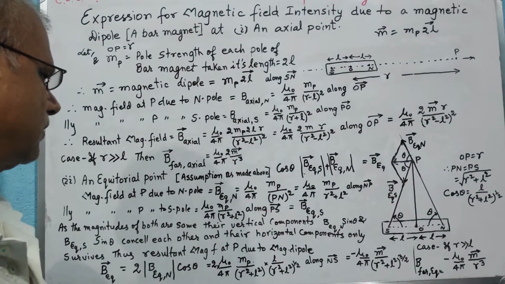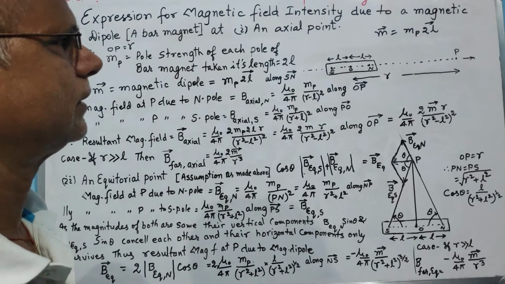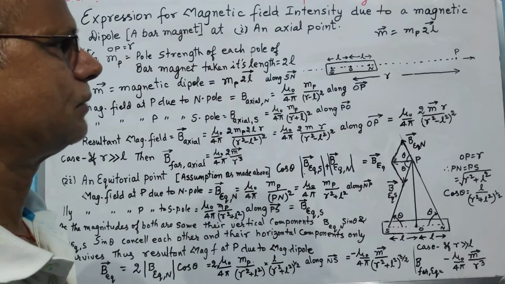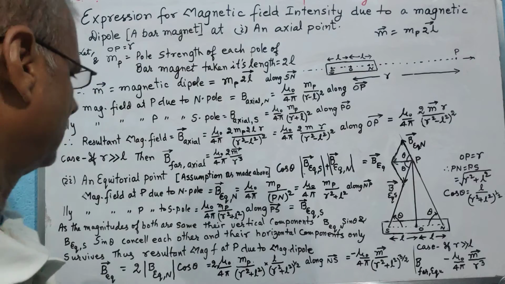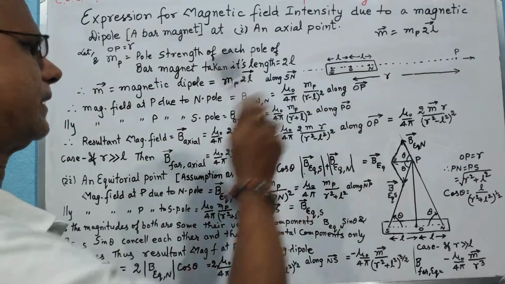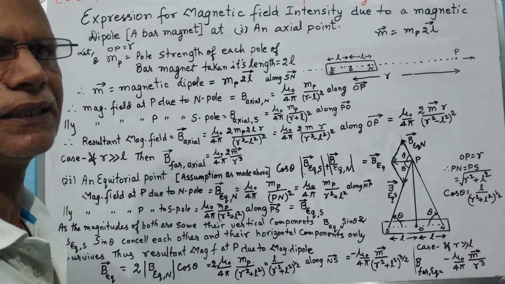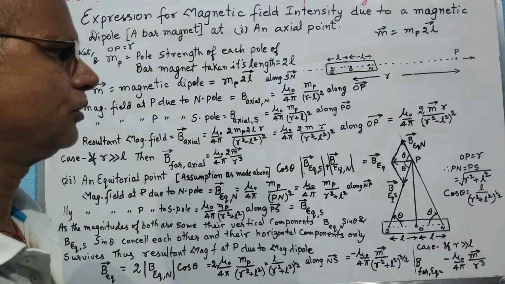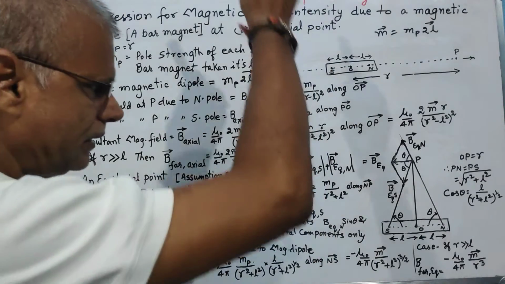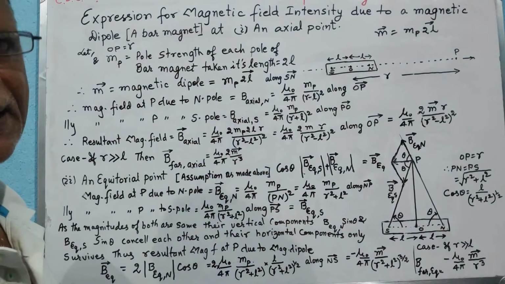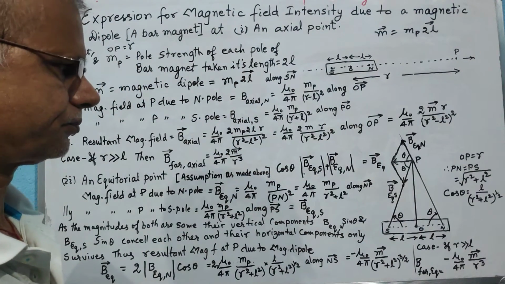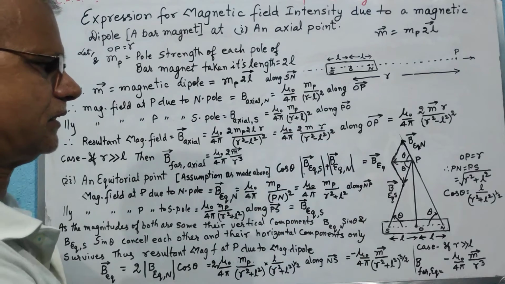So this is how we have found the magnetic field at axial points and far axial points due to a magnetic dipole, that is a bar magnet. Now in the same fashion we can find the magnetic field at some equatorial point. What do you mean by equatorial point? Any line which is at 90 degrees and bisecting the axis at the center is the equatorial line.